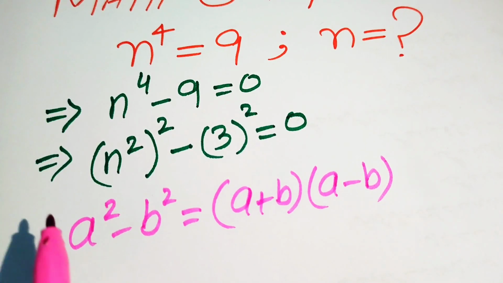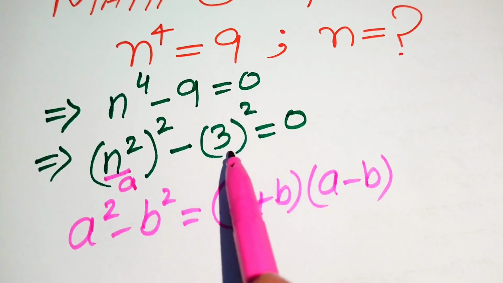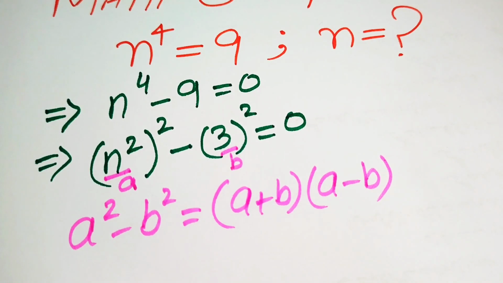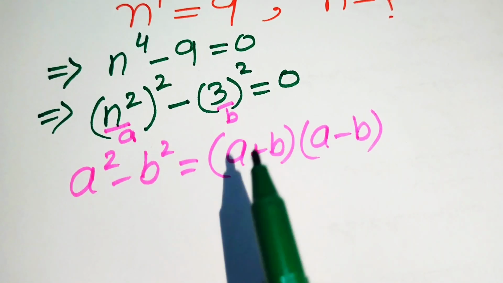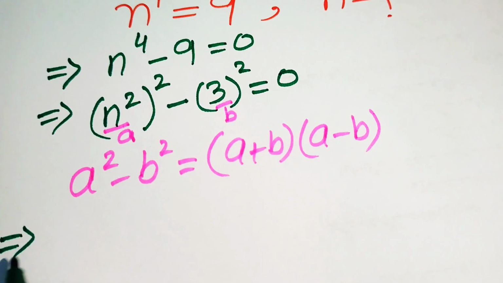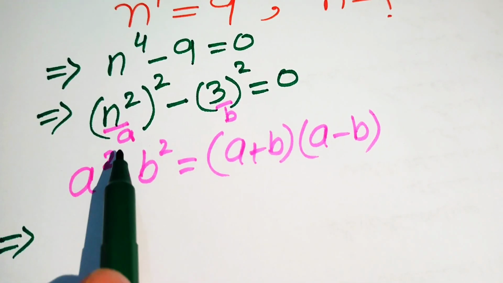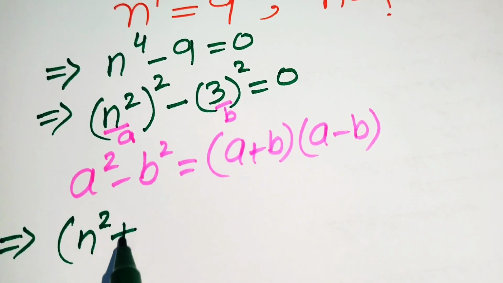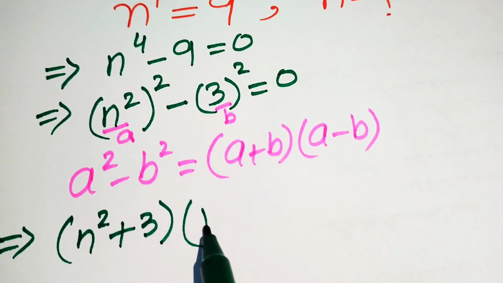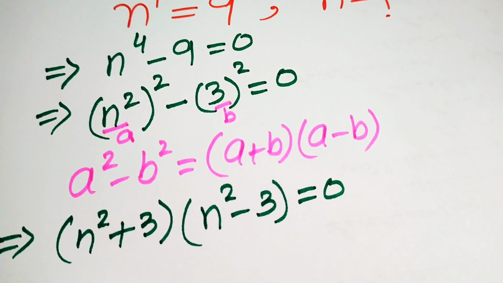When you focus on this term, here we have n square as a and 3 as b. Now we substitute these two values of a and b in the right hand side of this equation, so our equation will be written as n square plus 3 into n square minus 3 equals 0.